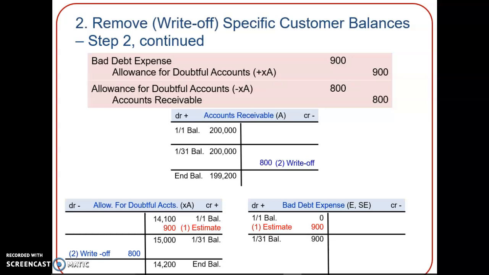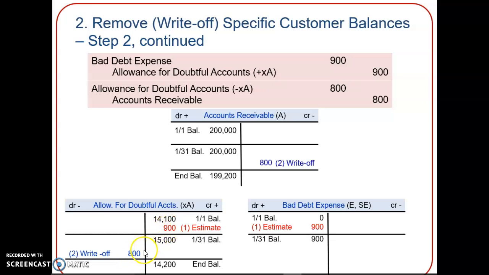So when we look at the bad debt expense, we realize that the ending balance for bad debt expense is 900, right? And then allowance for doubtful accounts, in step 1, we increased the allowance by $900. In step 2, we reduced the allowance by $800.